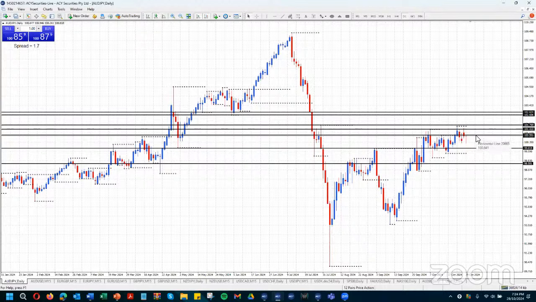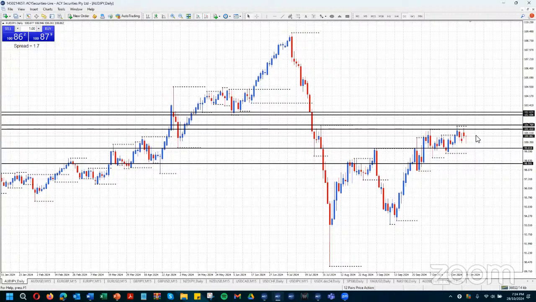I think the key here is that it is rather rangy. I would anticipate it staying that way until maybe there's a definite trend of strength. This is resistance here at 101.41. That's where we failed yesterday.